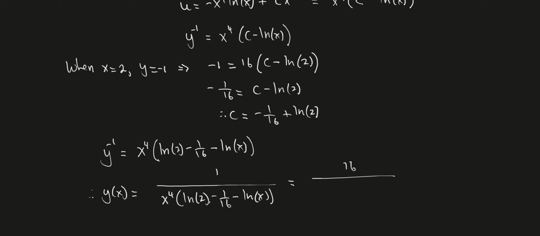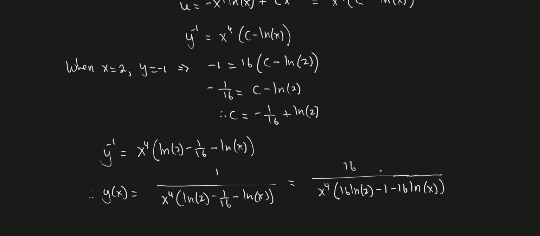If I distribute the 16 in the denominator, I'll have x to the fourth outside, and then I'll have 16 times the natural log of 2 minus 1 minus 16 times the natural log of x. All right, so there we go.